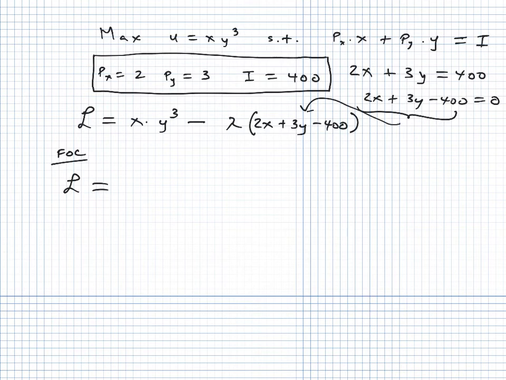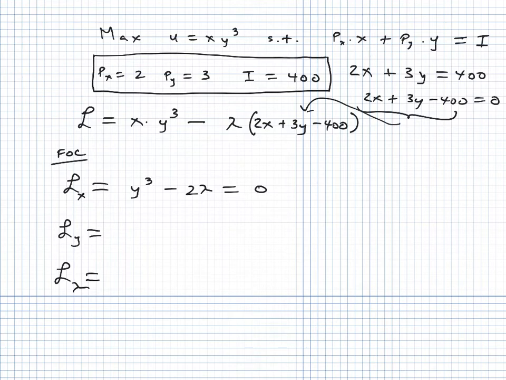So what we're going to do here is take the partial derivative of the Lagrangian with respect to good x, with respect to good y, and then finally with respect to the Lagrangian multiplier. So let's go ahead and start with the partial with respect to good x. We'll get y cubed minus 2 times lambda, and I'm going to set that equal to 0.